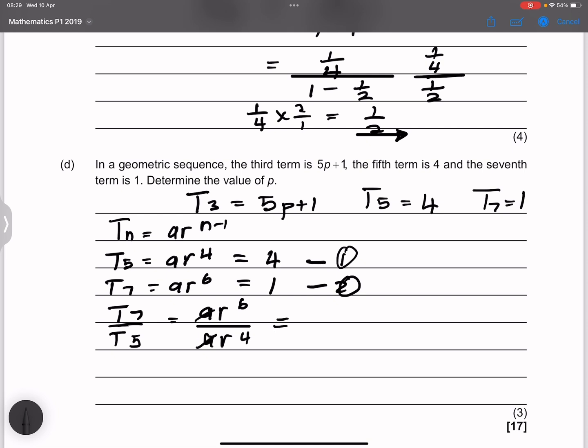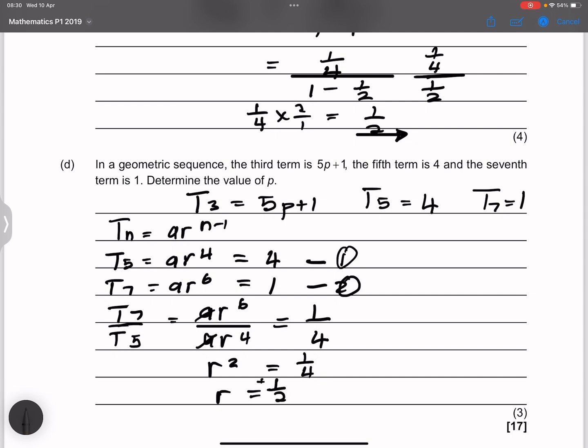So this would be equal to 1 over 4. It means that r squared would be equal to, we're taking r^6 divided by r^4, that gives us r^2, r squared, that's equal to 1 over 4. And so the common ratio would be equal to 1 over 2. Okay, so we get r is plus or minus 1 over 2.